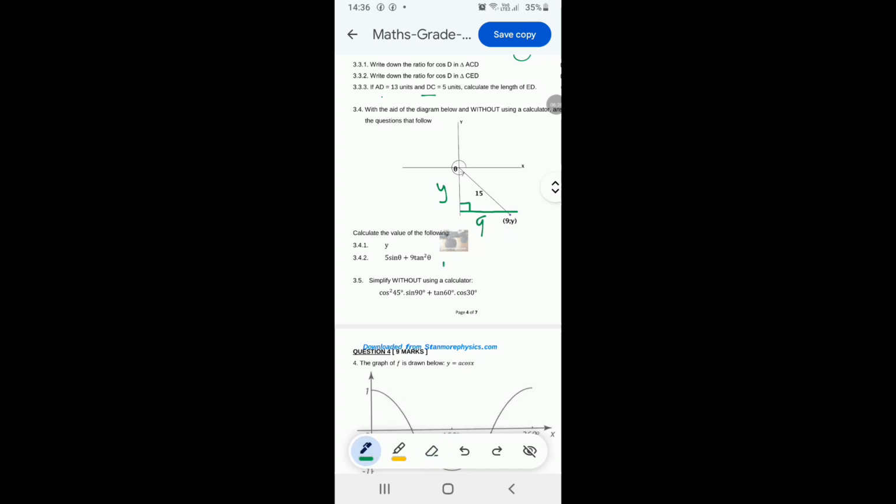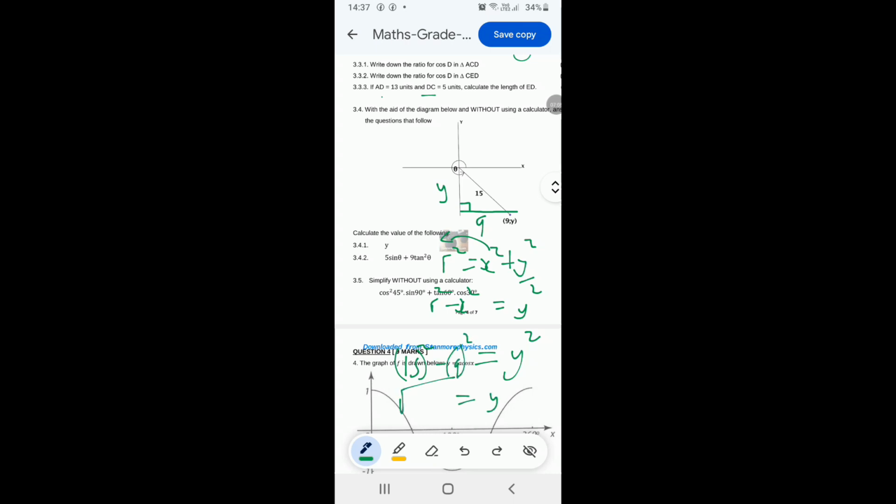R square is equal to x square plus y square. We are looking for y square. So y square is equal to r square minus x square. So this x jumped. Now y square is equal to r, which is 15 square, minus x square, which is 9 square.